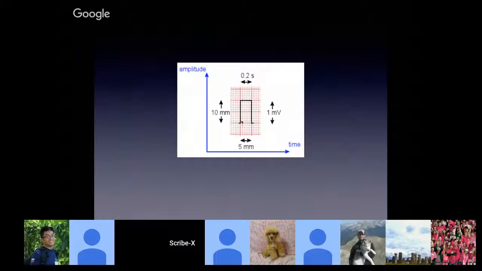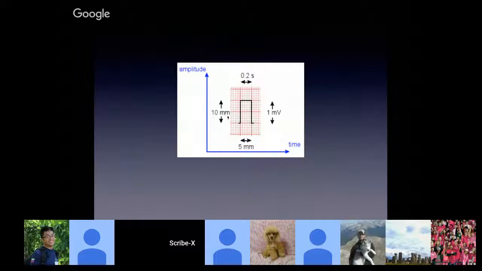And what we see when we look at the graph paper is a series of boxes. So big boxes and then little boxes inside the big boxes, each big box representing a time horizontally in milliseconds, each small box representing 40 milliseconds.